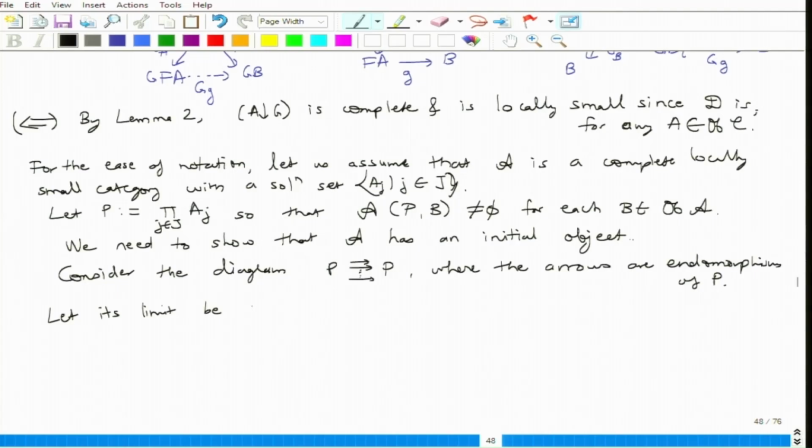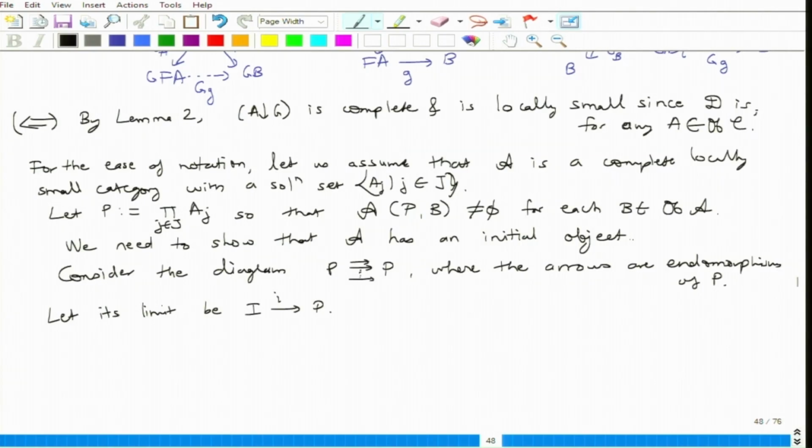I'm just going to call it I. Okay. So this is an equalizer. It's an equalizer not of a pair but of lots of morphisms. Now, do you agree with me that this equalizer is going to be a monomorphism? Do you remember the proof that all equalizers are monomorphisms?